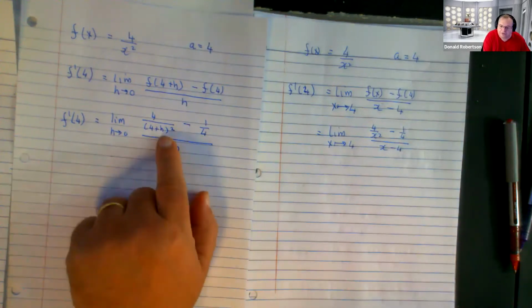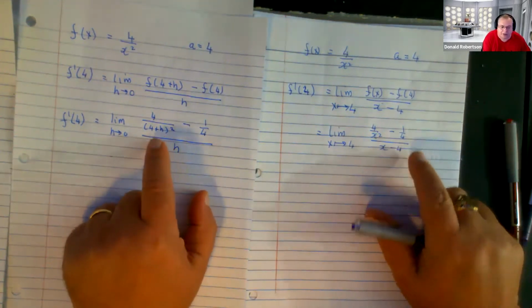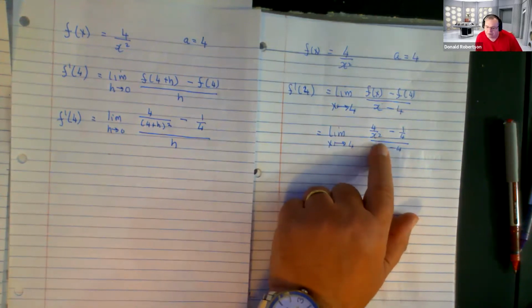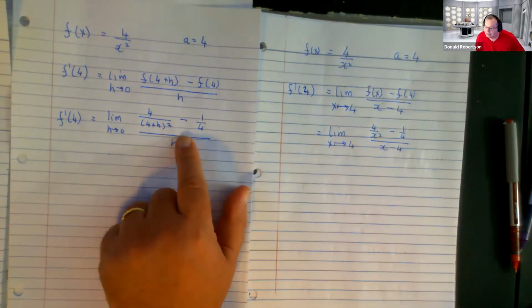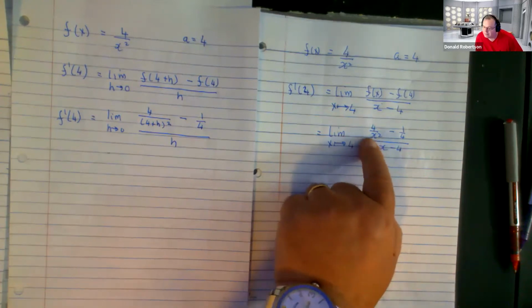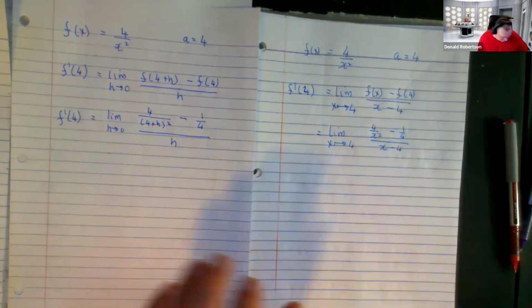You look at them side by side, you might not think that there's much difference, but actually this is going to be easier to solve than that. The big problem is, isn't that 4 plus h squared just going to grow into an ugly monster, right? At least these are tidier bits, smaller bits.